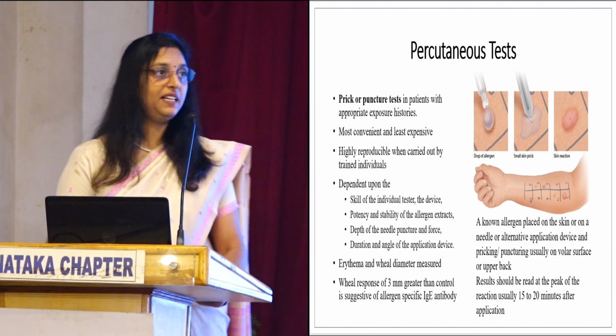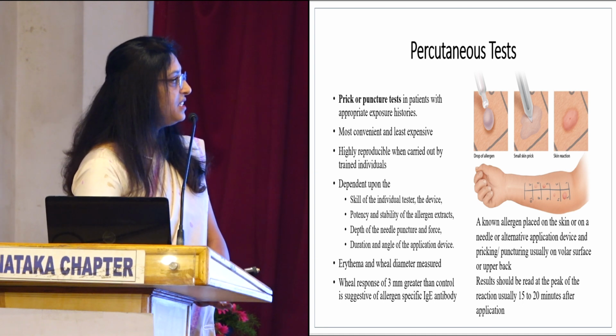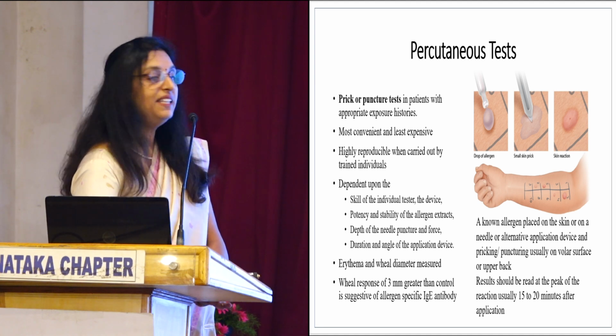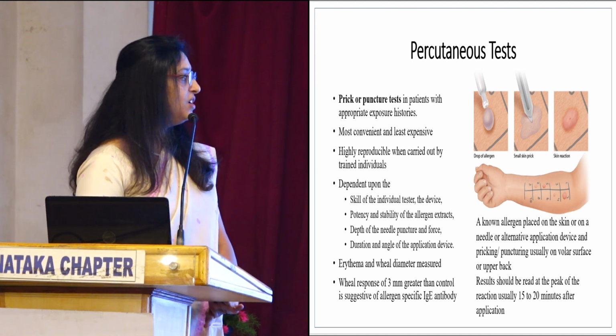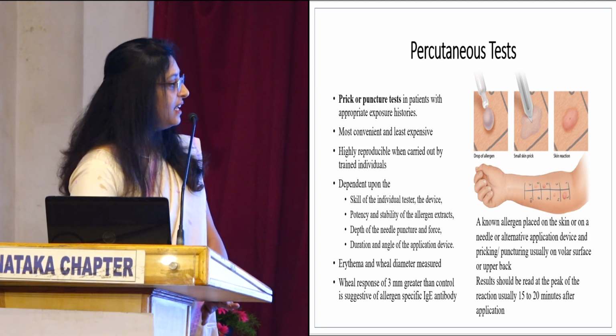What are the different kinds of allergy tests? Let us go into the percutaneous test, which is the common test. Here a known allergen is placed on the skin surface, and with the help of either needles or applicator devices, the allergen on the surface is transferred into the underlying skin.